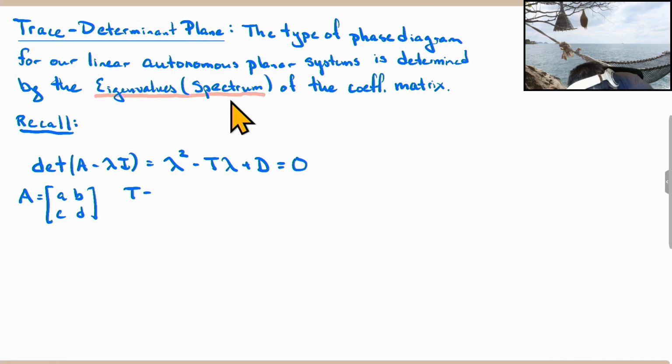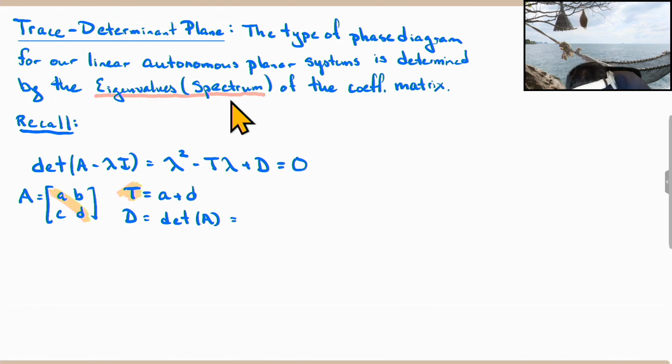But what is the trace? The trace, we've said, is the sum of the diagonal elements, so that's going to be a plus d, and then the capital D is the determinant of the A matrix, which I'll write as det A.